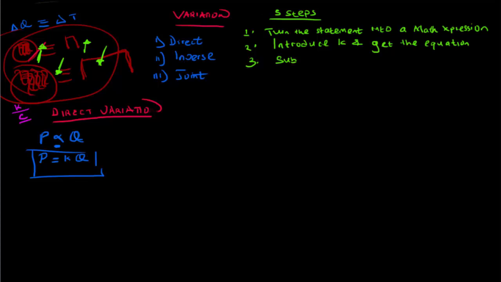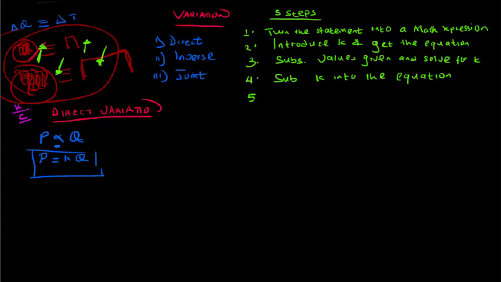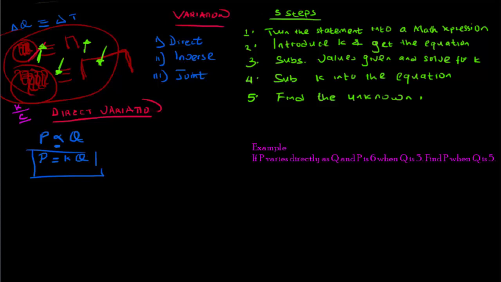Step 3, substitute values given and solve for K. Step 4, substitute K into the equation. And step 5, find the unknown. So following these 5 steps, you should be able to solve any question under variation.